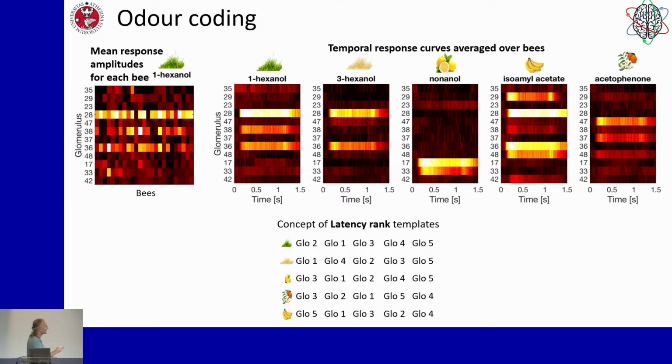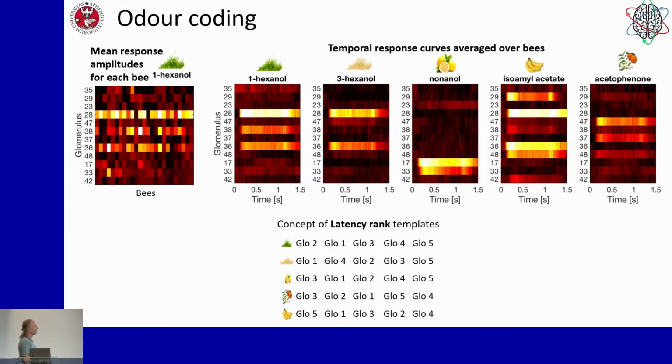And the first thing that caught our attention is that it seems that there is a different offset when glomeruli start firing. And this is something we wanted to understand. We wanted to understand, is this also odor specific? Does this maybe contain already information on the odor?